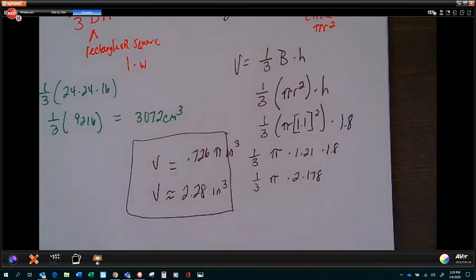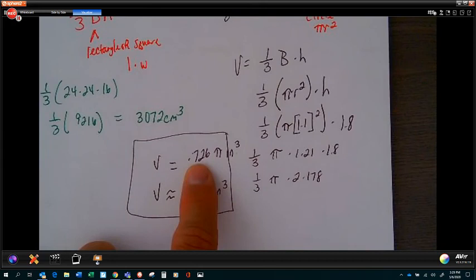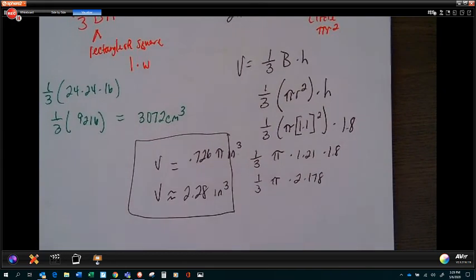But if we want to estimate it, then we take the 0.726 and multiply it by the pi function on our calculator, and that will give us approximately 2.28 inches cubed. Now, if you just used 3.14 for pi, you're going to get 2.279, which rounds again to 2.28.